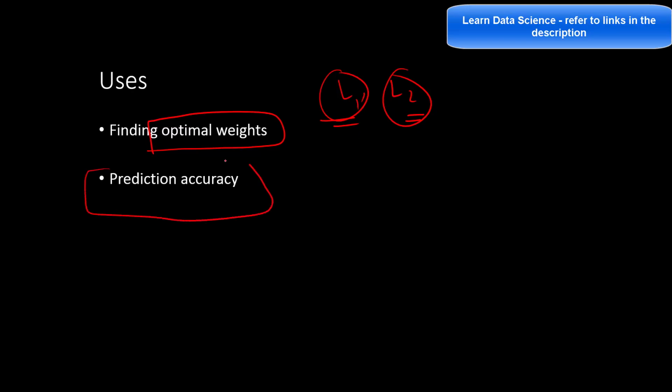Prediction accuracy is supposed to improve once you use L1 and L2, and whether you go for L1 or L2 will depend on quite a number of things. Sometimes L1 will do better than L2, sometimes the other way around. There's no science behind it, but it is always good to try both and see which one works better on your test data.